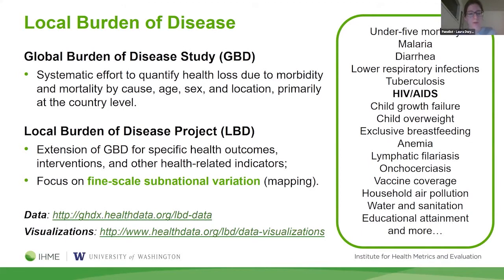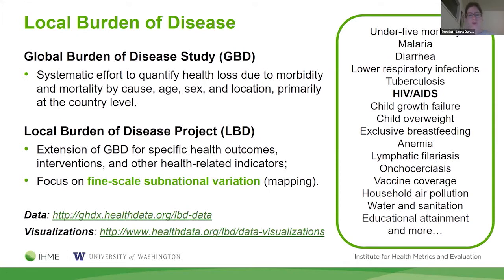I'm going to talk about the Local Burden of Disease project, which is an extension of the GBD that focuses on fine-scale subnational mapping of selected health outcomes, interventions, and other health-related indicators. The Local Burden of Disease project, as compared to the Global Burden of Disease study, is considerably less comprehensive in terms of the number of causes covered or the number of locations, but it's much more detailed in terms of the geographic detail that we have.